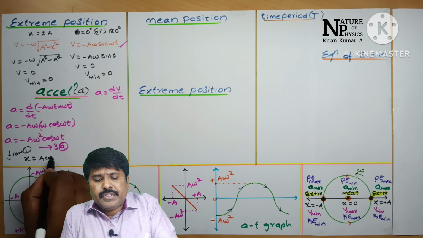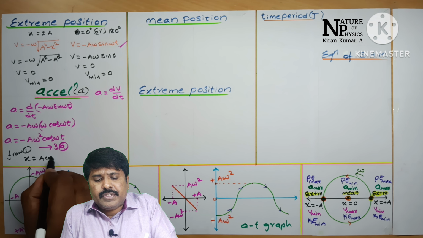Okay, so in this equation velocity v is equal to a common, differentiation of cos omega t becomes minus sin omega t, and omega is common because we are doing differentiation with respect to time, there is omega t, that's why omega is common.